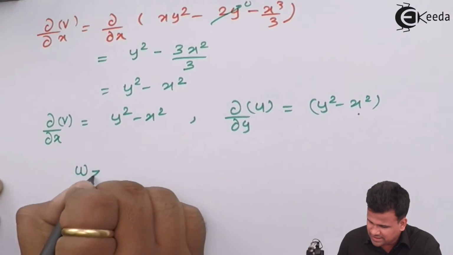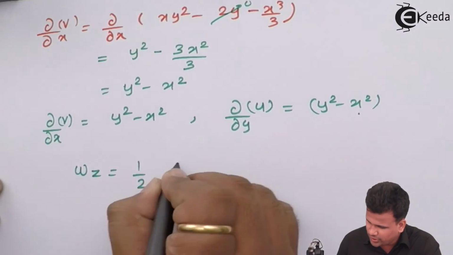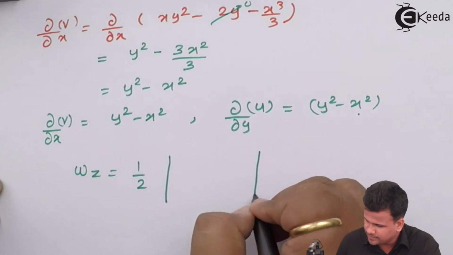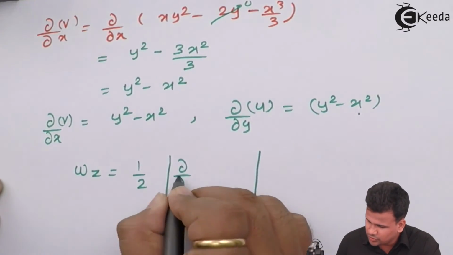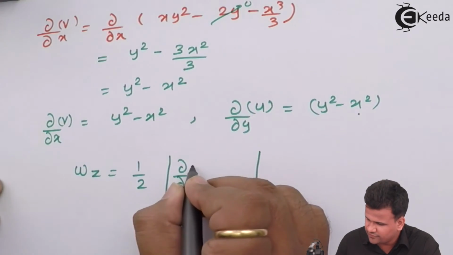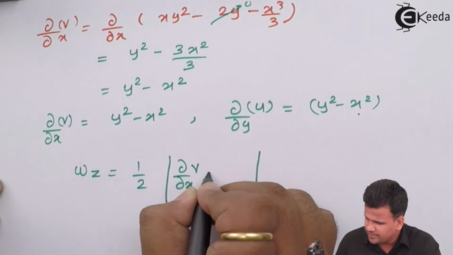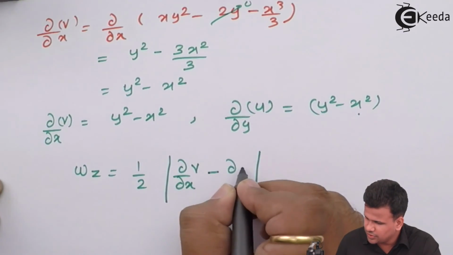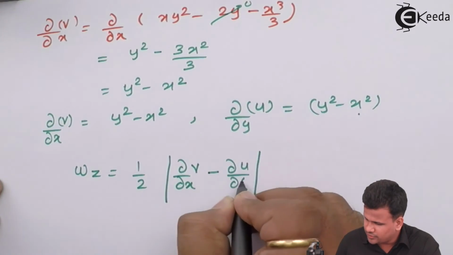And what is omega z equal to? That is 1 upon 2 of dou v by dou x minus dou u by dou y.